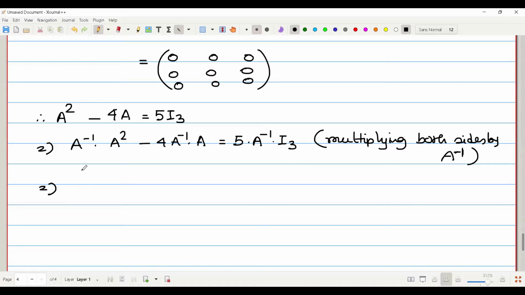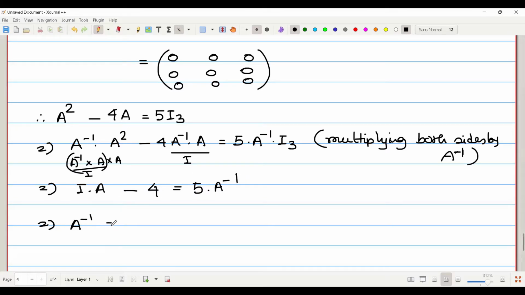So A inverse into A square means A inverse into A into A, so that one is becoming I. So I into A minus A inverse into A, that one is becoming I. So A minus 4I is equal to 5 A inverse. Now from here we can write that A inverse is equal to 1 by 5 and A minus 4 of I3, because that one is I3.